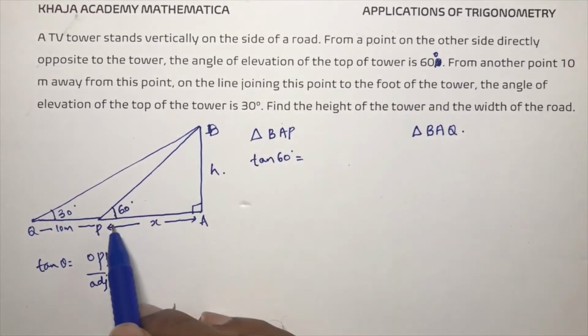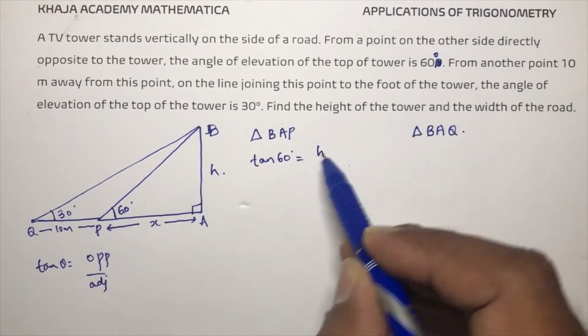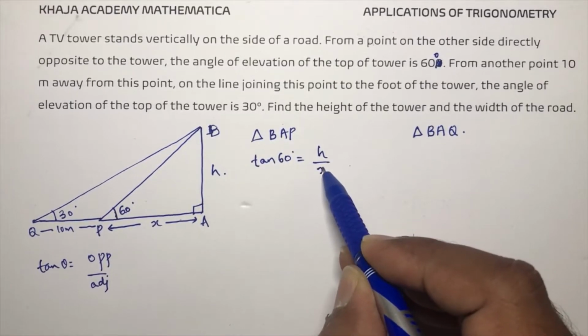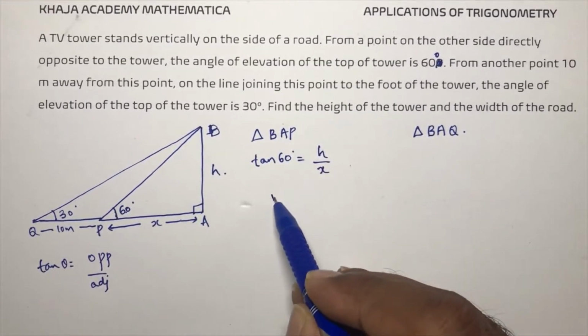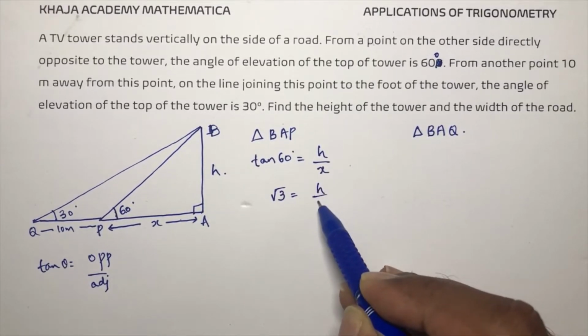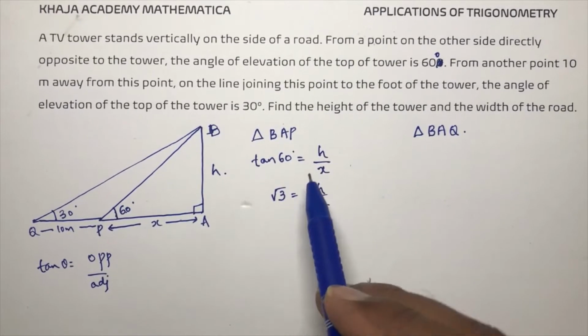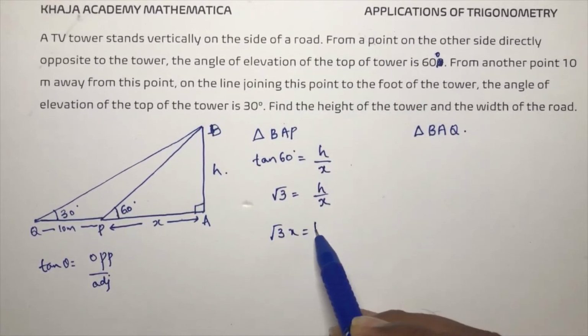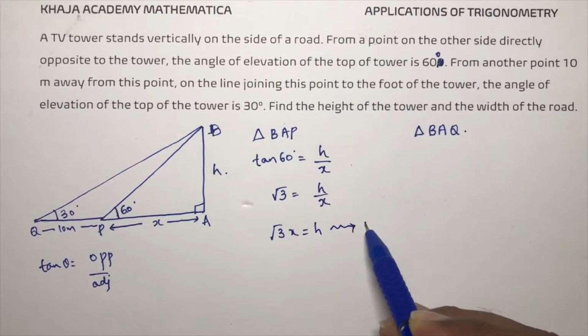So here tan 60, opposite is h, adjacent is x. Tan 60 value is root 3. Root 3 is h by x. Now if you cross multiply, root 3x equals h. Take this as equation 1.